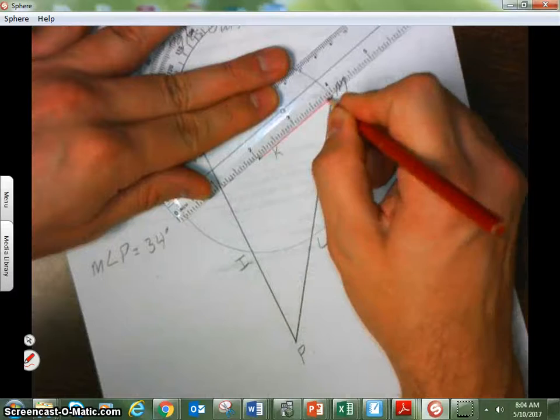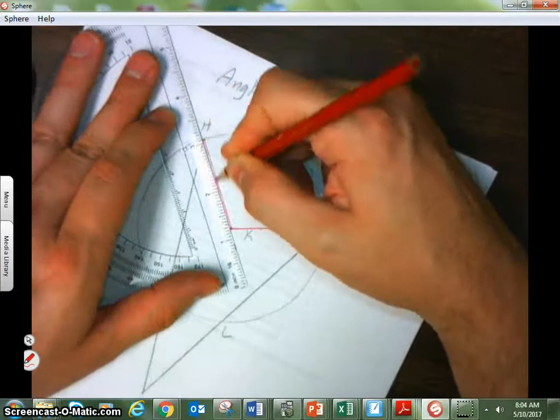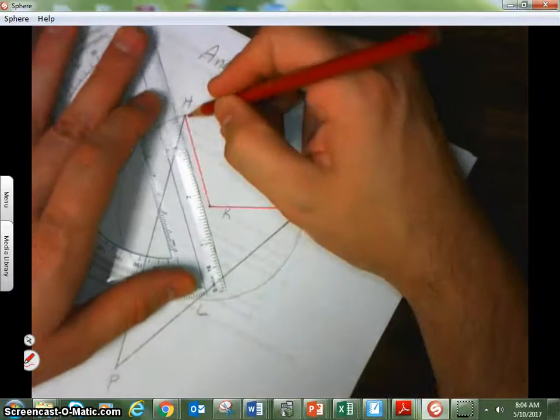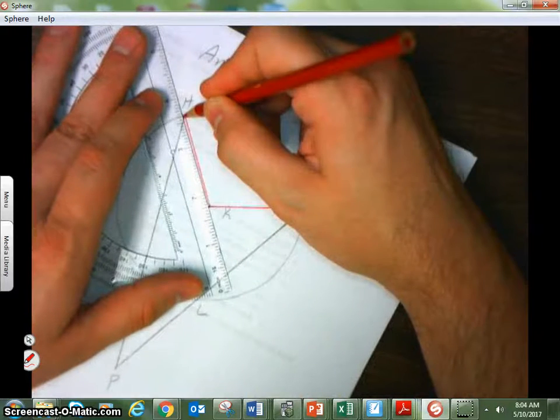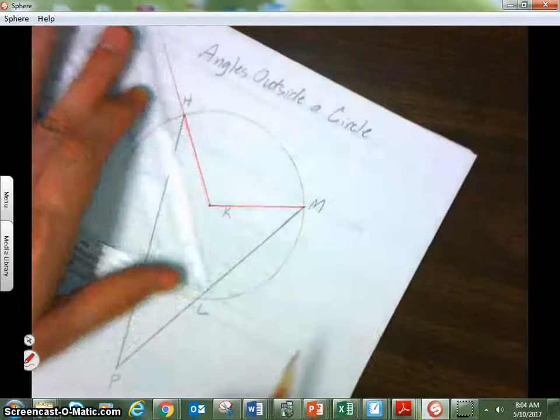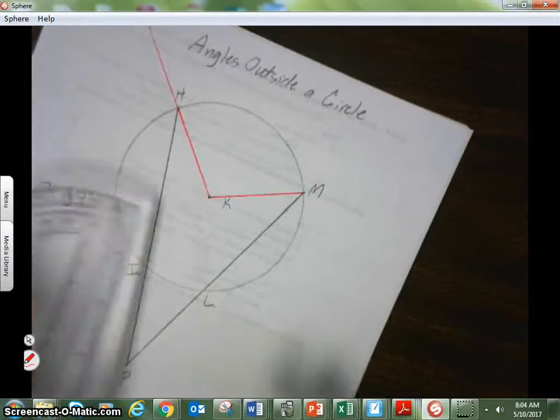The way that we figure out what the measurement of those arcs are is by measuring what their central angles are, because the measurement of an arc and the measurement of its central angle are the same. Now I'm going to have to extend this line out here a little bit, because the type of protractor that I have, the angle is too small the way it is on the circle. I need to make it just a little bit bigger.